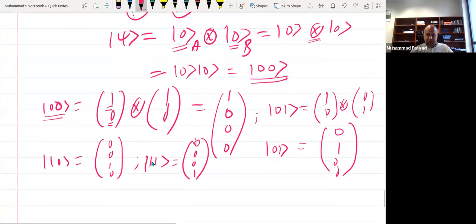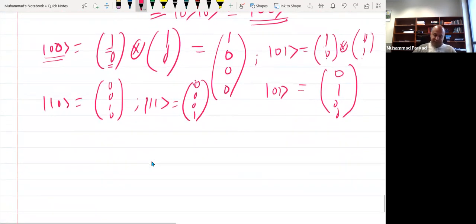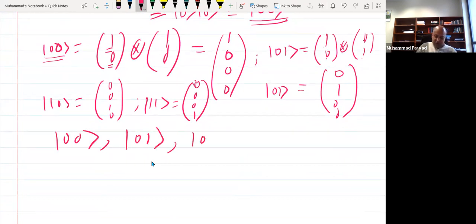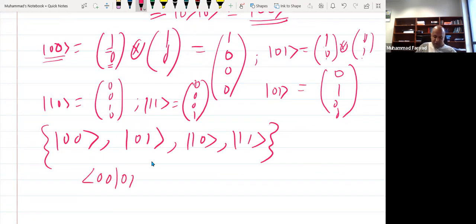Now, we can easily check that these 4 states, 0, 0, 0, 1, 1, 0, and 1, 1, form a basis, because we can see that the inner product of 0, 0 with 0, 1 is 0. Let's check this.